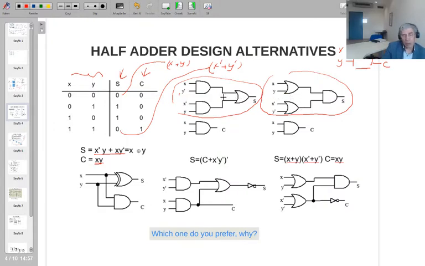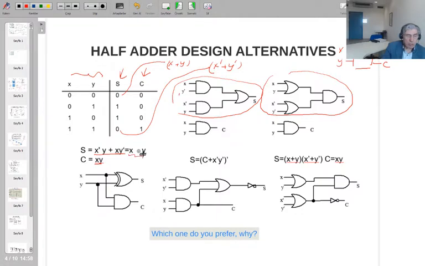This one is the first canonical form. For the S function, I use the second canonical form as well. From the cost point of view, they are almost the same cost, isn't it? So these are the 2 alternatives that we know up to now. But if you use the Boolean function type, then this S function is also an XOR function.